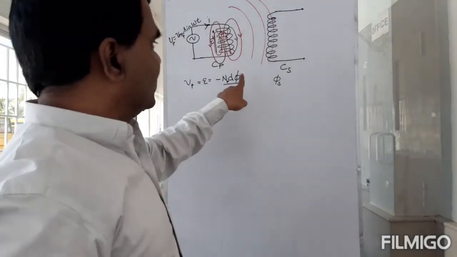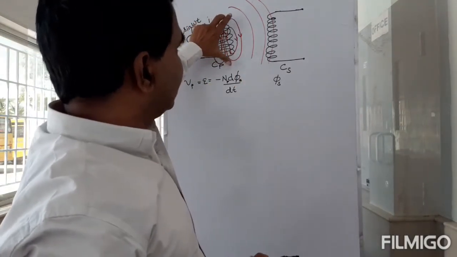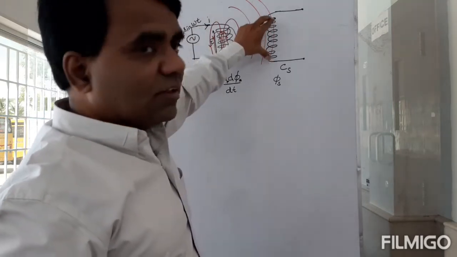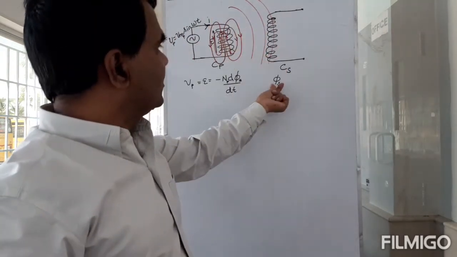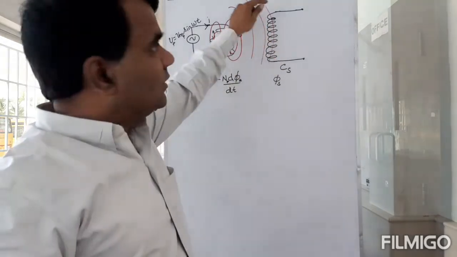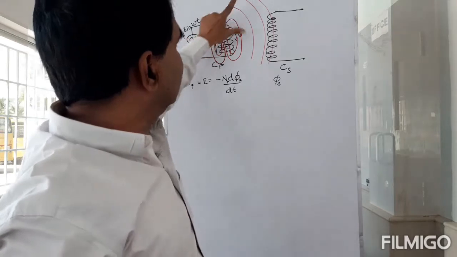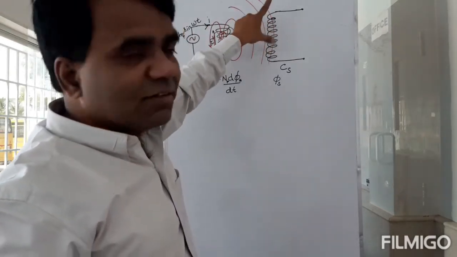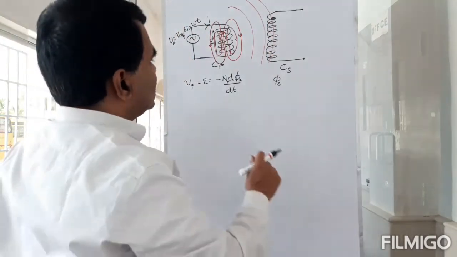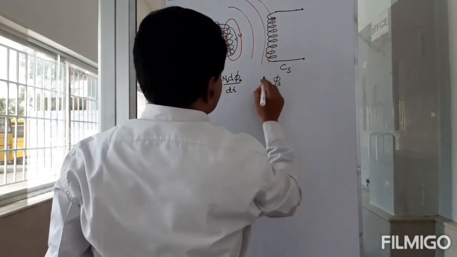This is different from phi_B, because phi_B is everything, but only a fraction of that flux goes here and links this coil. Because this is changing, that will also be changing, and there will be an EMF induced. So what's the EMF induced in this?